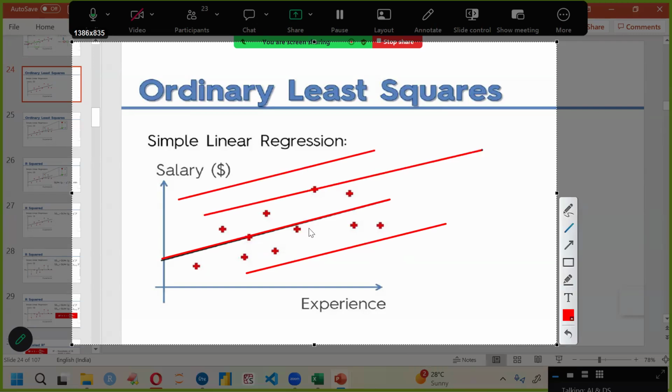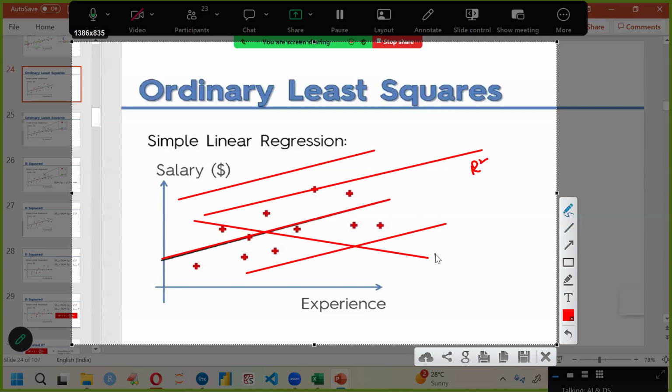Like this we can draw multiple lines, but we can't check hundreds of lines like this. So we do a mathematical calculation to identify which line is nearest to all the points. To identify that, we have something called the R square value. So we find the line which has the highest R square.